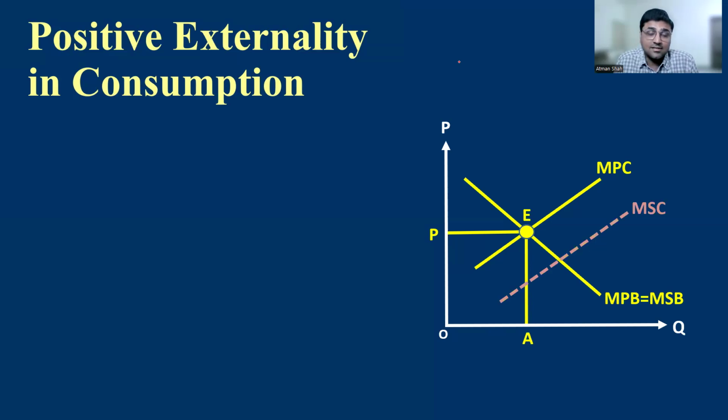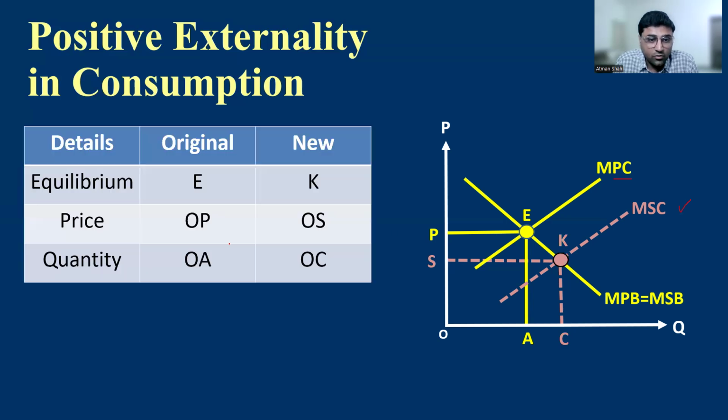Now, if we consider this social cost or external benefit, the marginal social cost is lower than the marginal private cost, and therefore we have this new curve which is to the right of the marginal private cost curve. So you see the new equilibrium point. It is K. Now production is OC and the price has gone down from OP to OS. So again, you see the quantity increases from OA to OC.